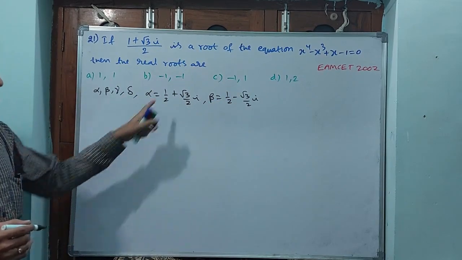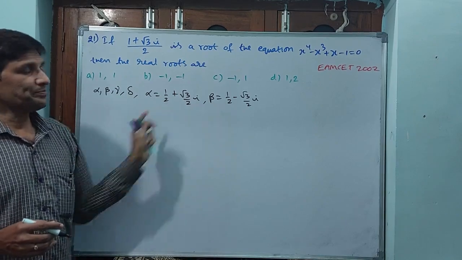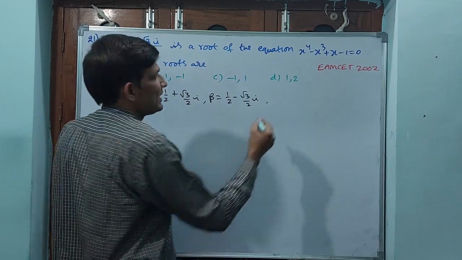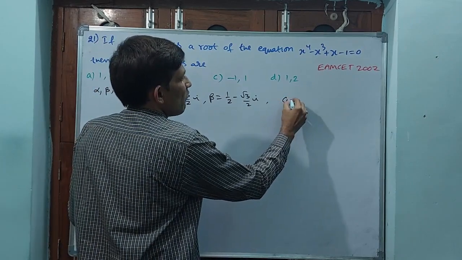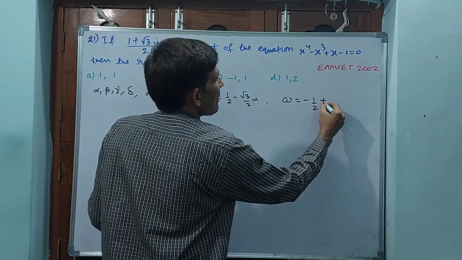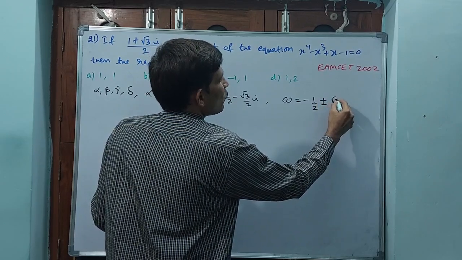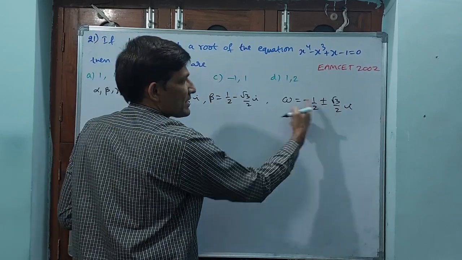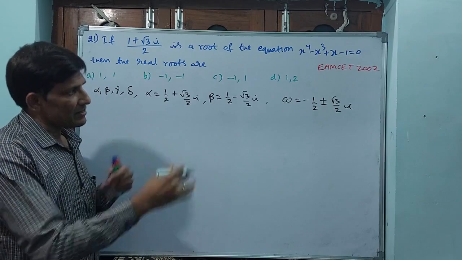If you observe carefully, what are these roots? Complex numbers we have studied now. See, omega is equal to minus 1 by 2 plus or minus root 3 by 2i. Plus is omega means minus is omega square, or vice versa.